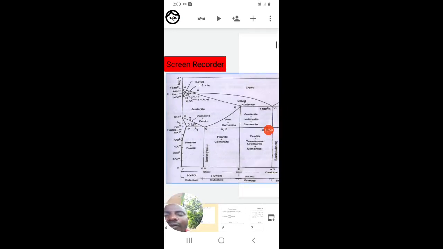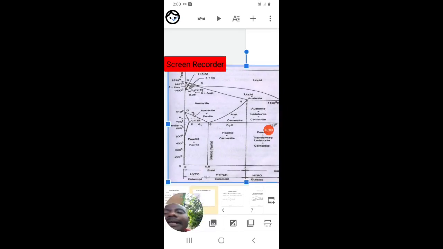So the first reaction is called the peritectic reaction, at point H in the diagram. Point H is 0.08 percent of carbon and 1492 degrees centigrade.